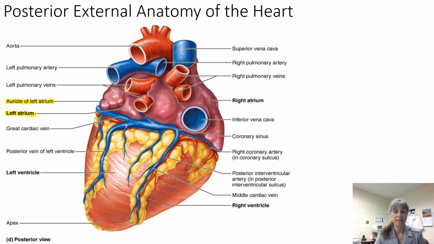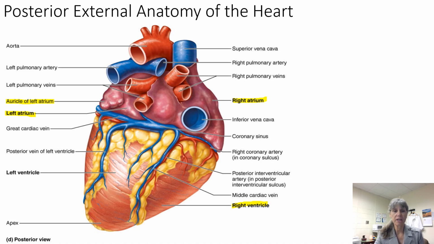And here we can see the right atrium. Now, they don't point out the right auricle, but there is an auricle for the right atrium as well. Here's the right ventricle. You can see the blood vessels associated with the heart that are external to it. We're going to go over those in another PowerPoint slide.